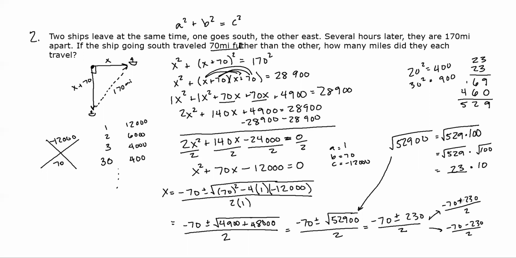Now, if we look at this first one, negative 70 plus 230, if we combine those, we get 160 over 2, which is going to give us 80. And now if we look at this other one, negative 70 minus 230 is negative 300 over 2. Well, that's a negative 150.